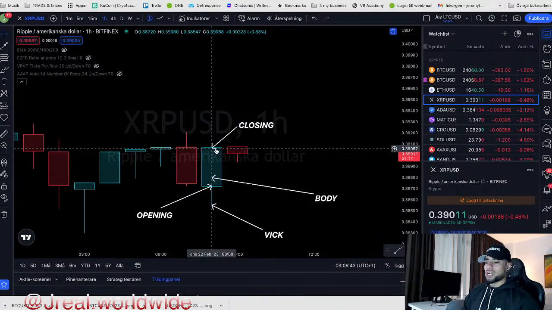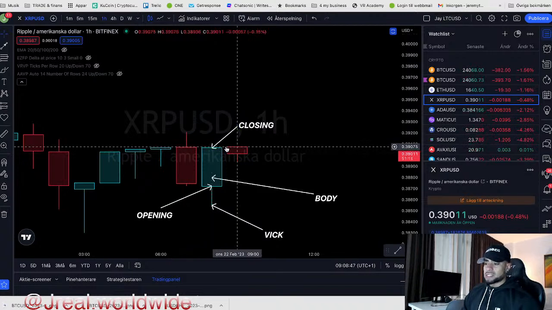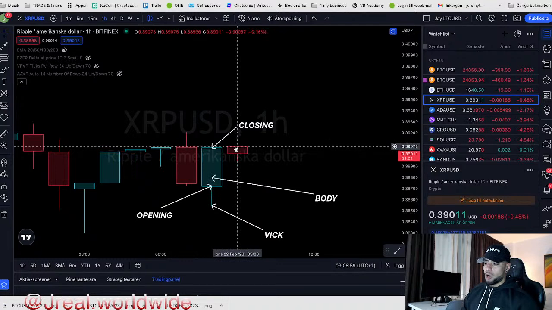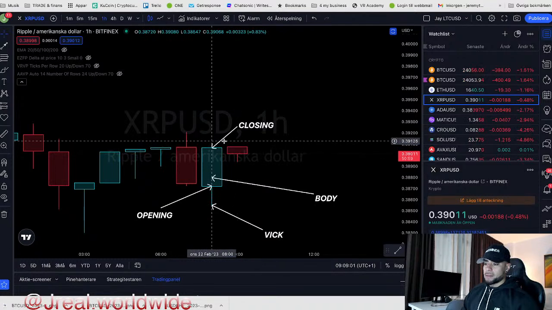Now where the green one closes, when this one closes, the next candle opens where the last one closed. All right. So you see this one opened exactly where this one closed.